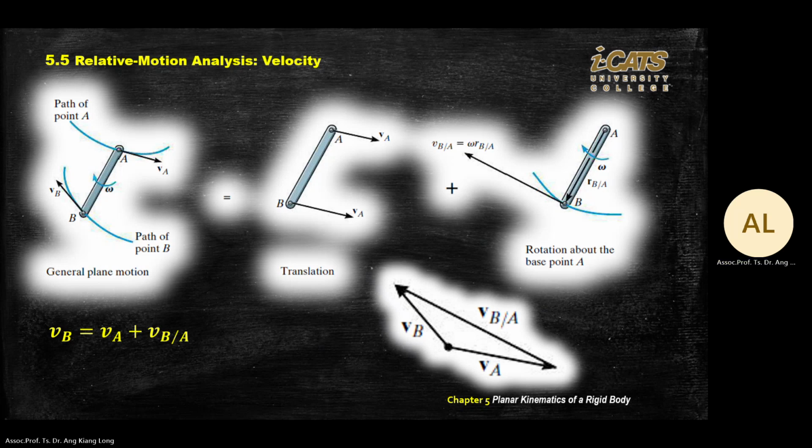So how to extract VA? VA you extract from the translation diagram. This one is moving to the right, so you copy the direction. What about VB? VB you copy from this diagram. It is always tangent to the curve, 90 degrees. So VB to the right. Or you can copy from the question.